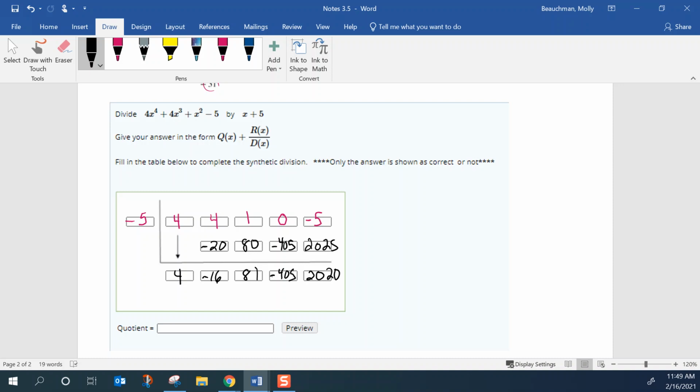So now that we've got the synthetic division done, how do we put our answer? It tells us up above how we give our answer. We get the quotient. Since we started with 4x to the fourth, our answer is going to start with x to the third: 4x cubed minus 16x squared plus 81x minus 405, with a remainder of 2020, but they want us to take this and add the remainder over the divisor, which is x plus 5.